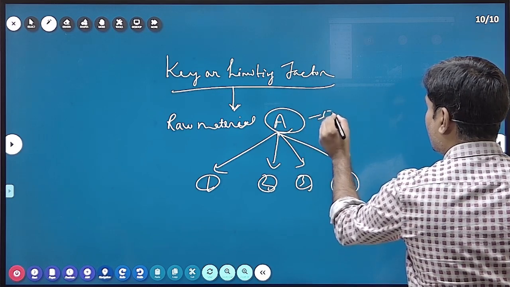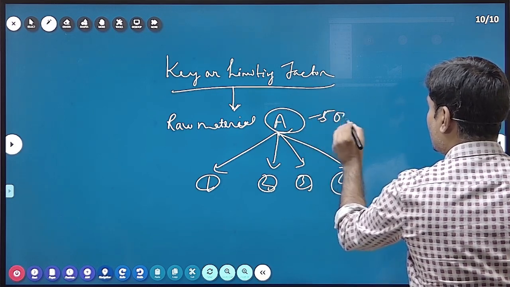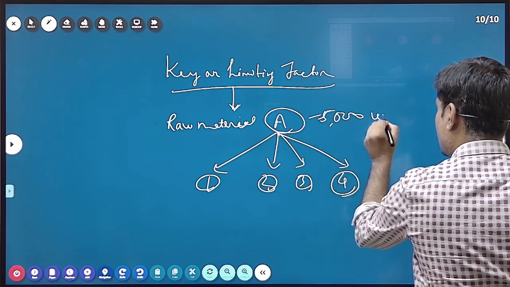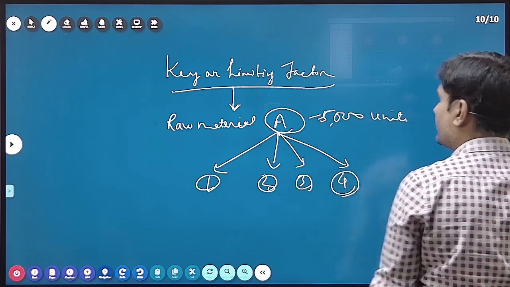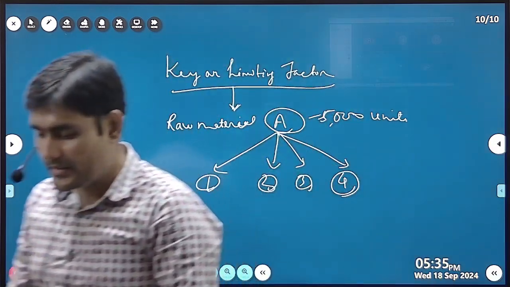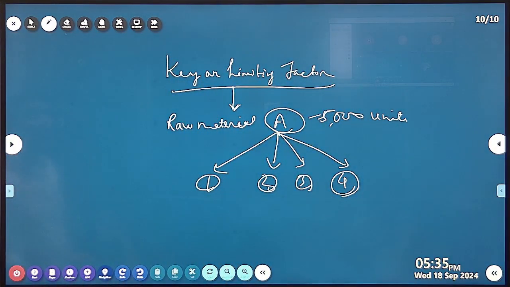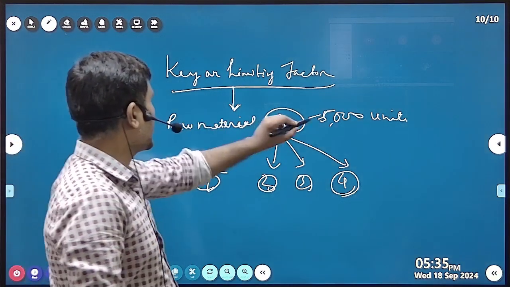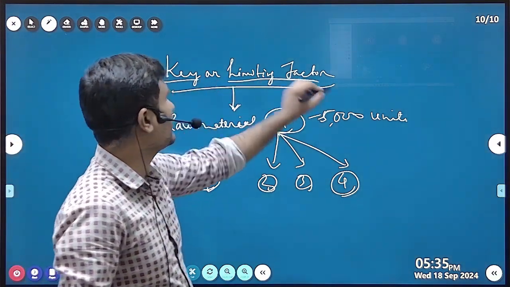During a year you can only have 5,000 units of A. It is a scarce resource. So scarce resources are known as key or limiting factors.